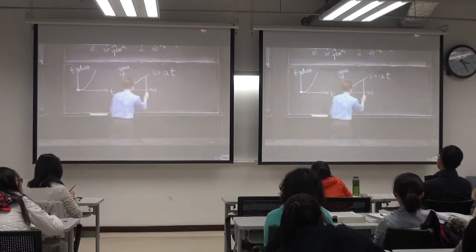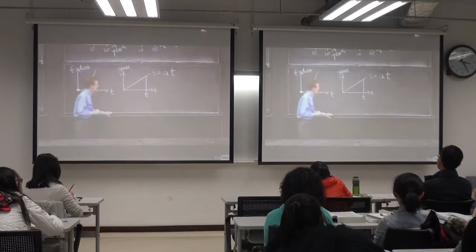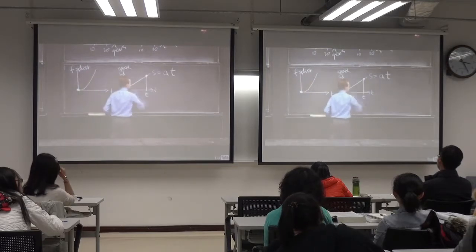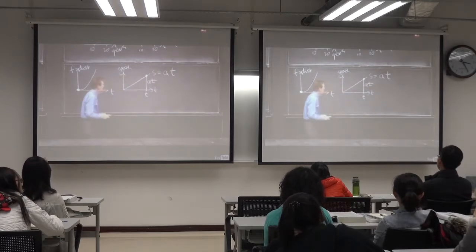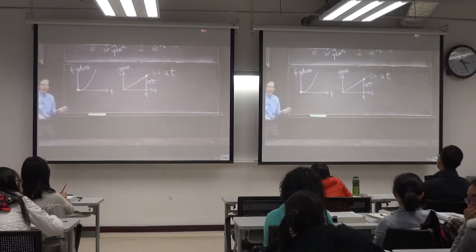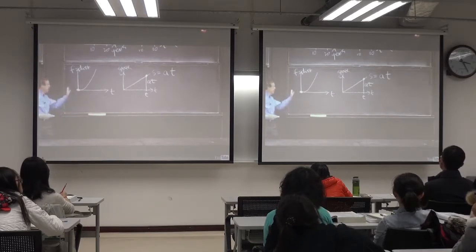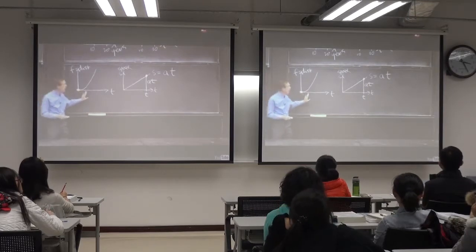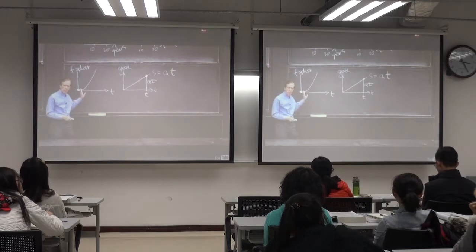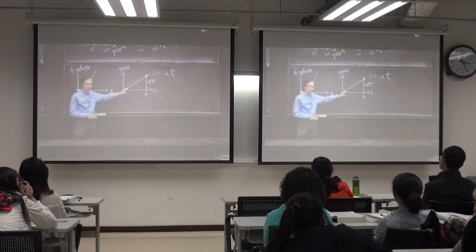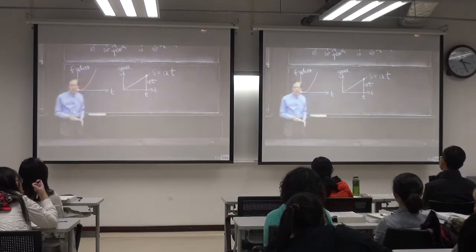If this is the time t, then of course this height here will be a times t. And the amazing fact is that this graph tells you the area under this one. Graph 1, function 1, tells you the area under the graph 2.